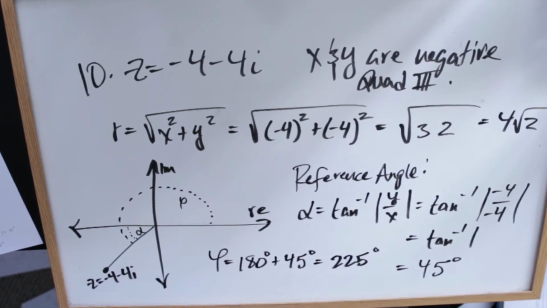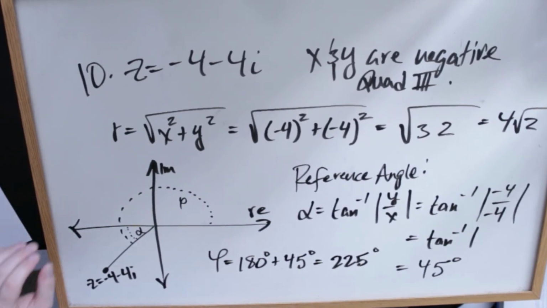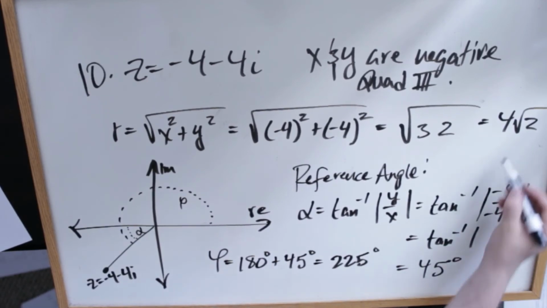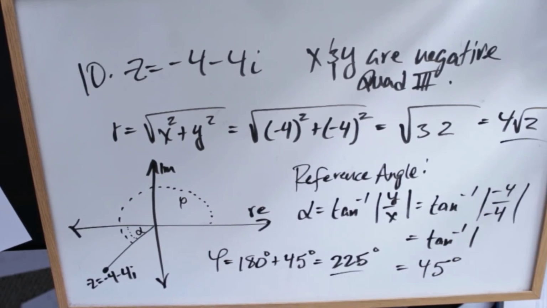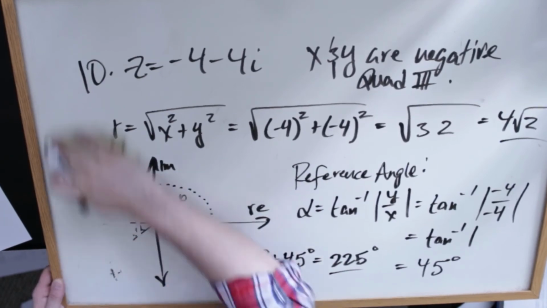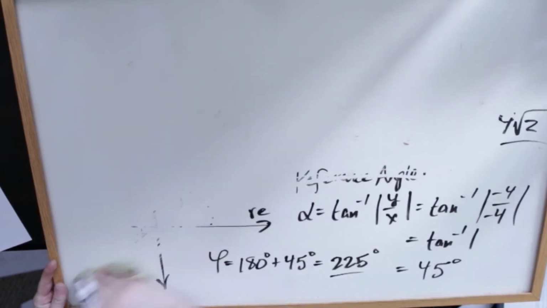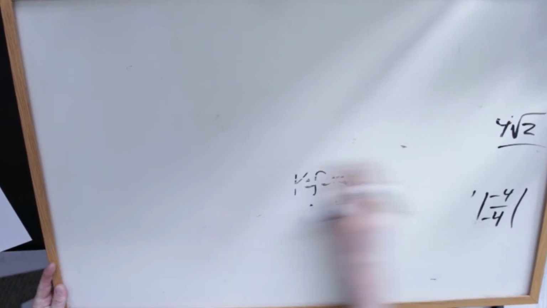Okay? So we're not quite done yet. We still have to put it in trig form. I'm running out of space here, so what we need is the sine and the cosine, and that's pretty much it. So commit those to memory, take a snapshot, pause. I'll go ahead and write those down for you so you can see.